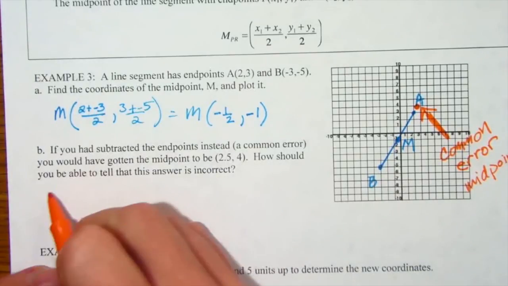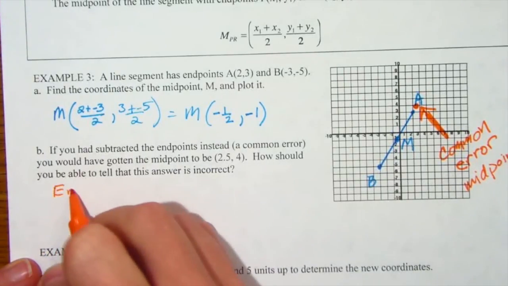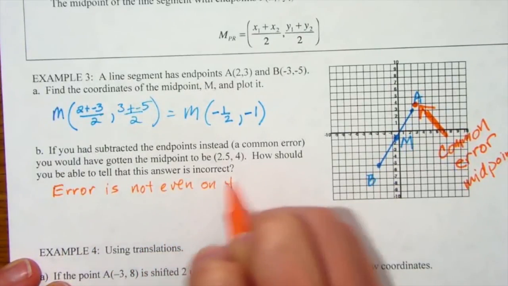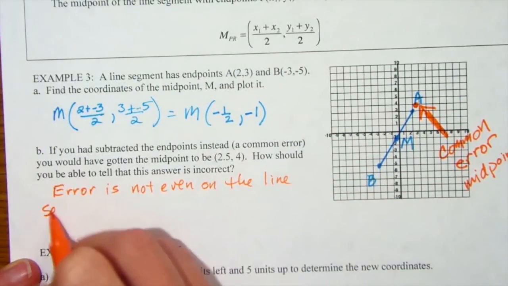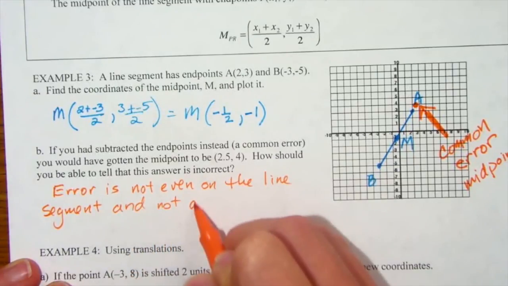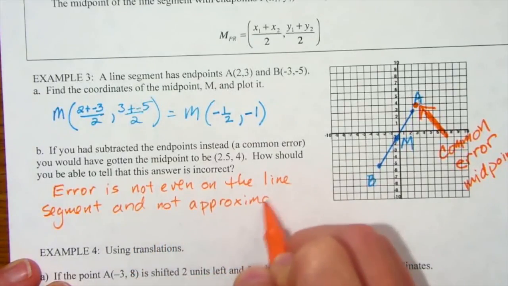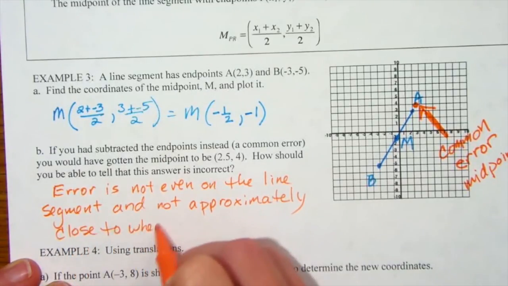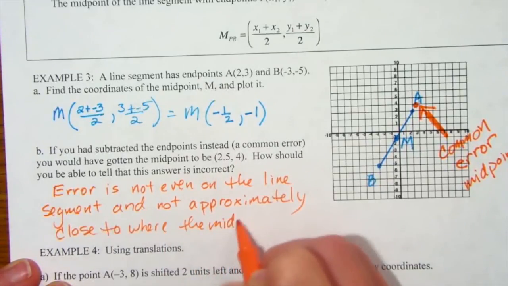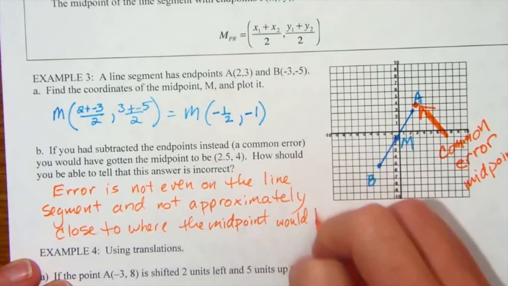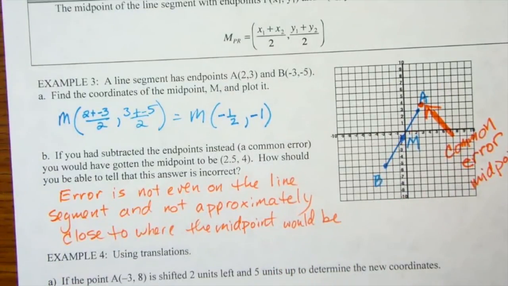So the error is not even on the line segment and not approximately close to where the midpoint would be. Okay, if you draw a quick sketch, you can kind of have a feel for where the midpoint is supposed to even be.